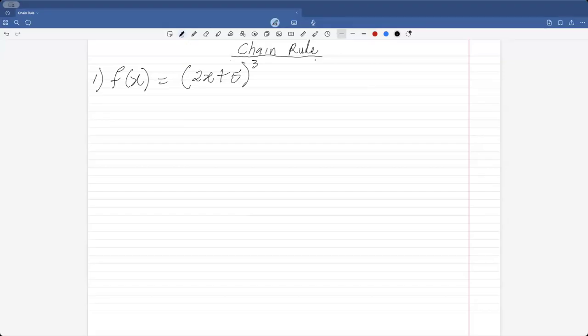So what is the derivative of 2x + 5? The derivative of 2x + 5 is nothing but 2. The derivative of the entire function is nothing but 3(2x + 5) to the power of 2.